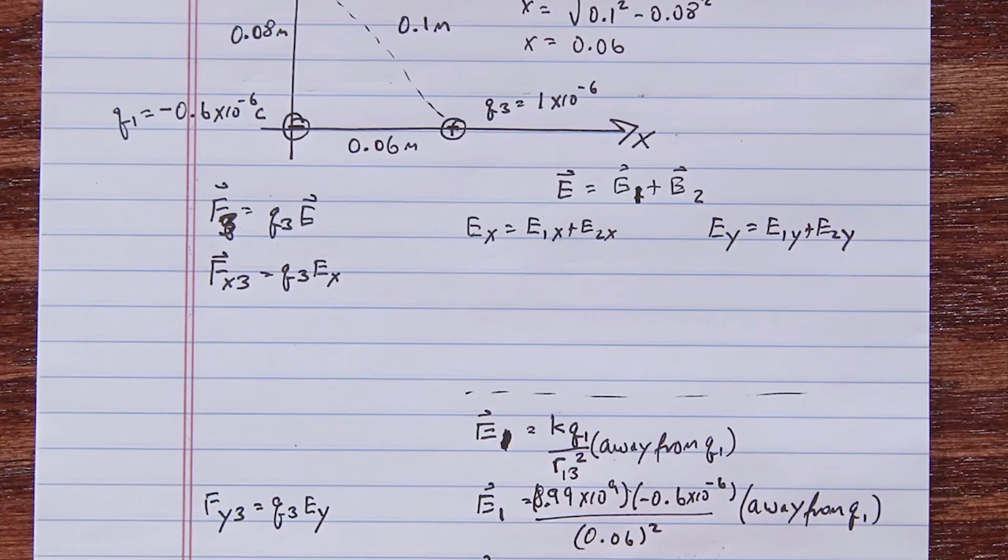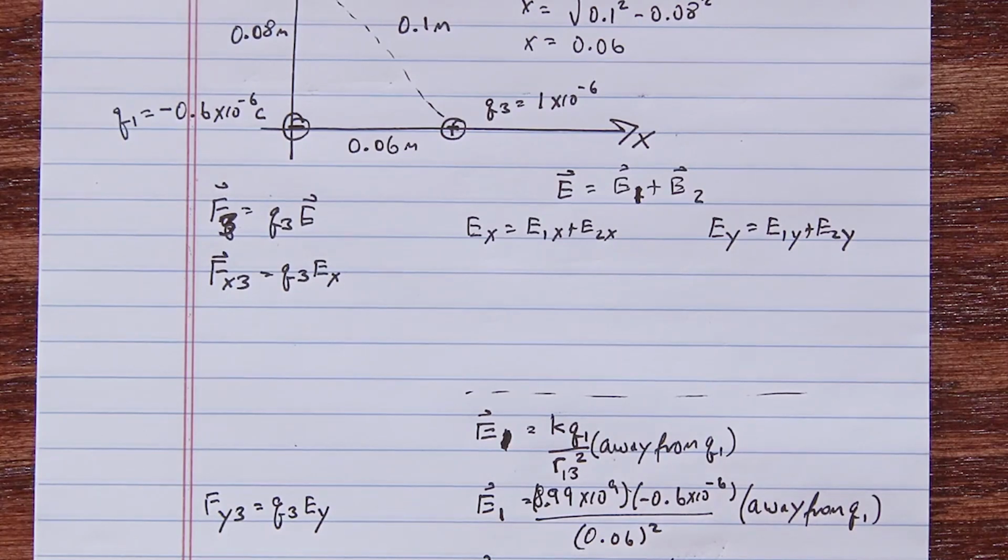And that gives us a negative 1.50 times 10 to the 6 newtons per coulomb away from Q1.